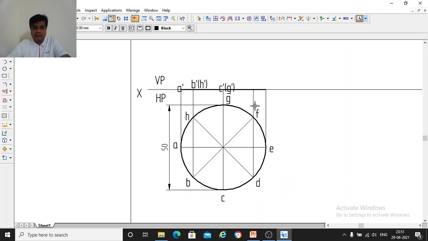Similarly, D and F, they are projected in the same line here in the front view. So this point is D and F. So you write D dash, in the bracket you write F dash, because F is behind D when you see from the front here. And this point will be E dash.